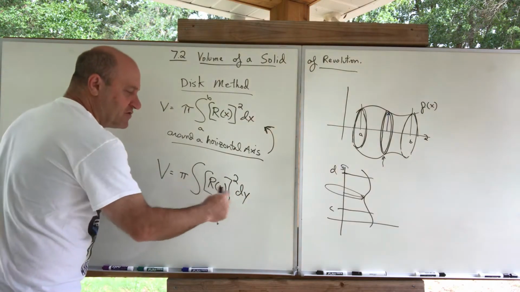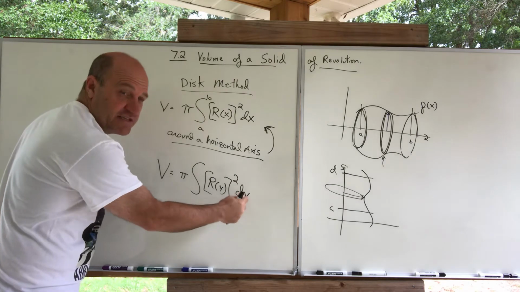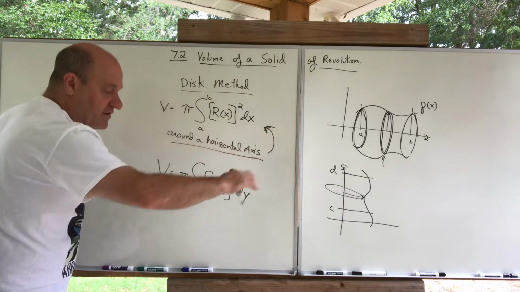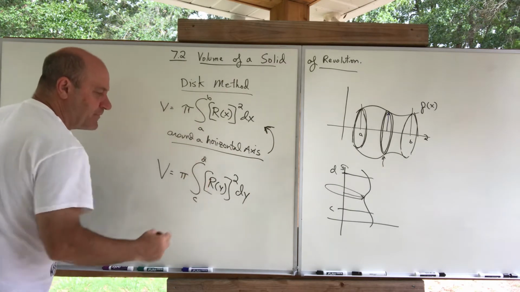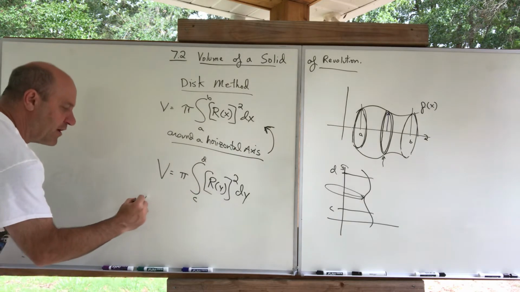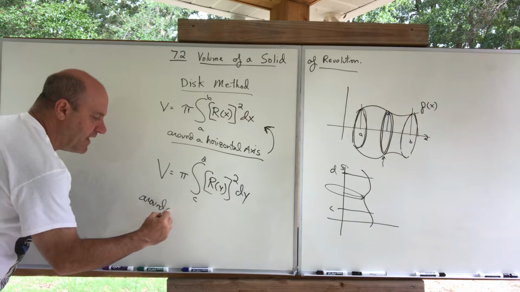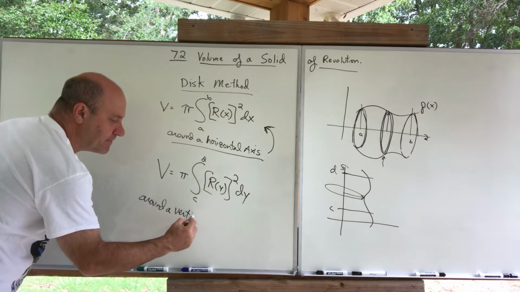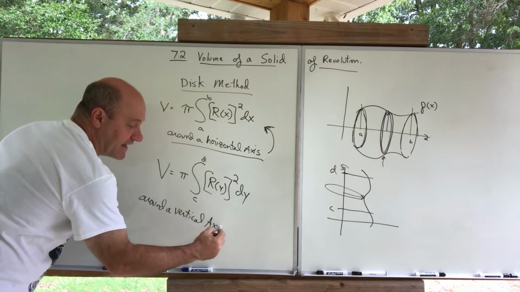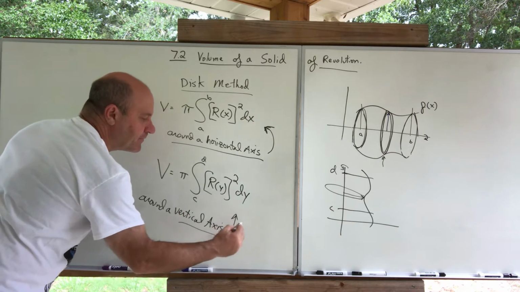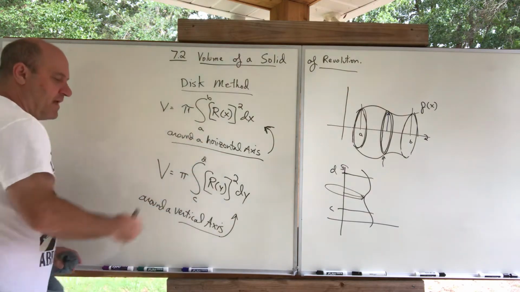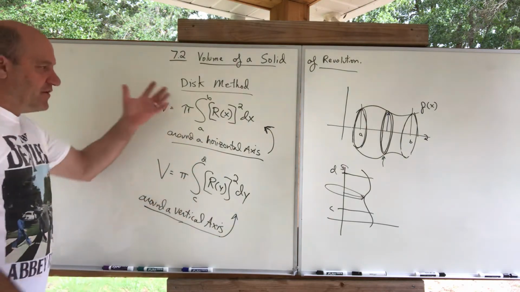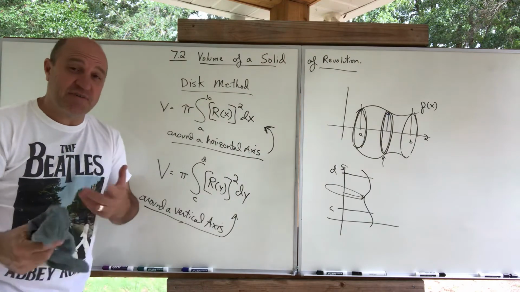Remember, it's pi r squared times the little thickness of each disk. Then you add up millions of little disks from C to D. So that's the formula if you're going around a vertical axis, like the y-axis. So we get confused here. There you go, that's the disk method presented.